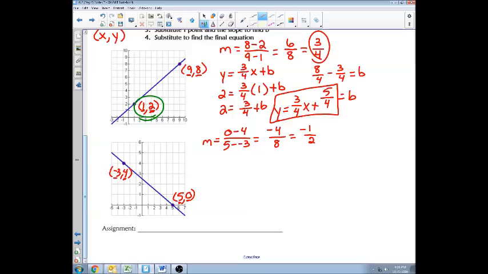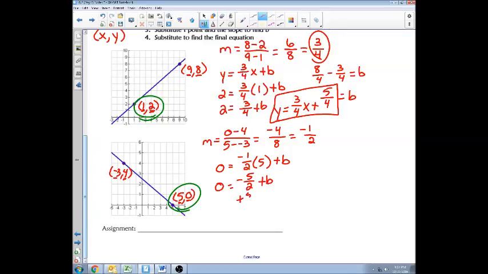Now I can use one of my points because this one has a 0. I'm going to go ahead and use it. I put 0 in for my y. Negative 1/2 times x, which is 5, plus b. So 0 equals negative 2.5, so that would be negative 5 over 2 plus b.